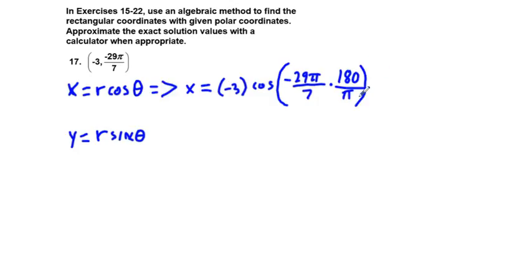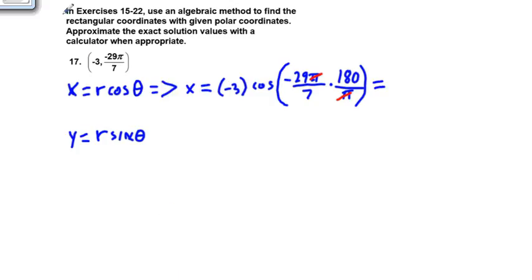And then we're going to have pi over pi cancel each other. And so that is going to give us our answer here. So -3 times the cosine of -29 over 7 times 180. So let's go do that.